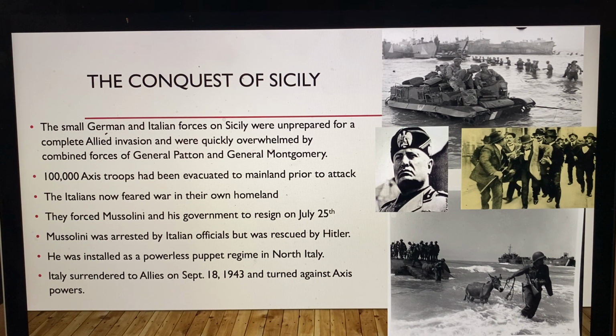So we have Mussolini being set just as a puppet, and so now we know who's in charge. Mussolini's not in charge anymore. Hitler is. So he was installed as this powerless puppet in this regime in North Italy. And then Italy surrendered to the Allies. So Italy surrenders to England and to America, to the Allied forces on September 18, 1943, and turned against those German Axis powers.